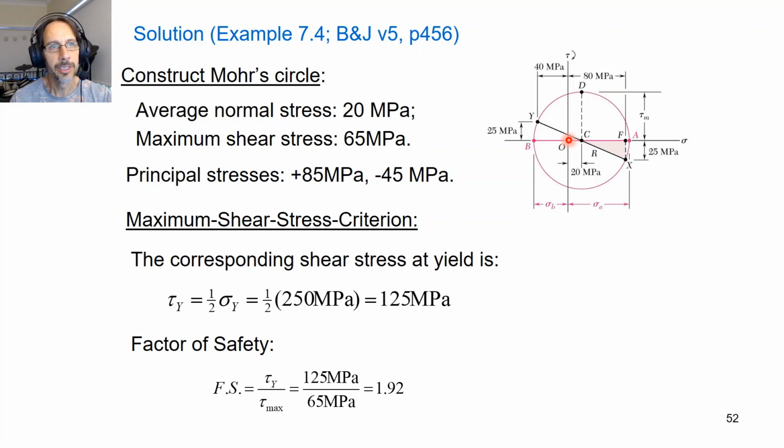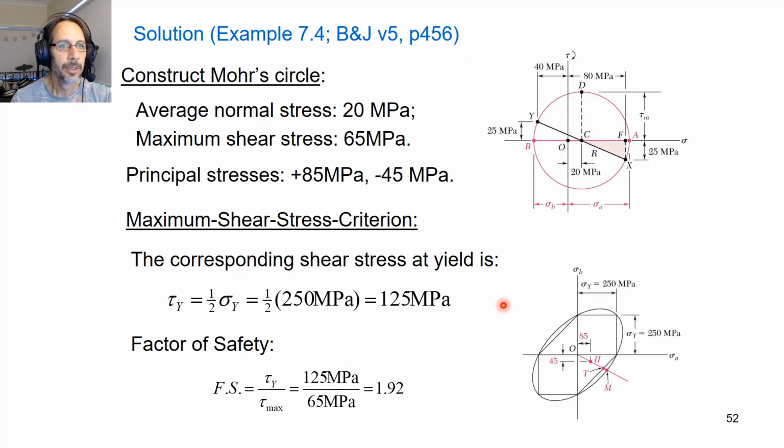Stress Z is 0, so we'll have one here and the other one will be here. So in this case, the in-plane maximum shear stress is the absolute maximum shear stress. So this is okay. And if we plot that on the graphical representation of the 2 failure criteria, we can see that we're down in here, so well safe.